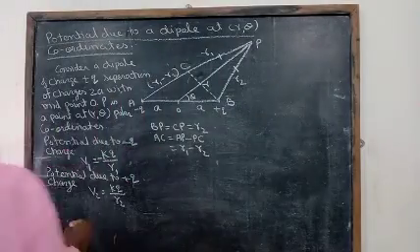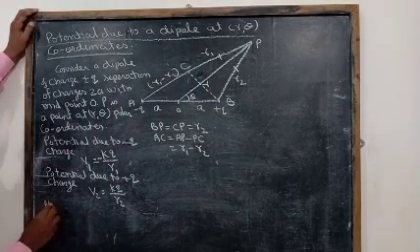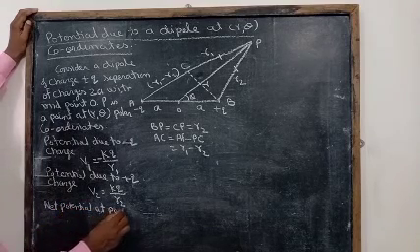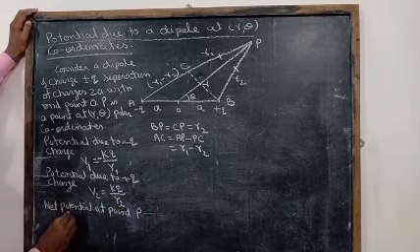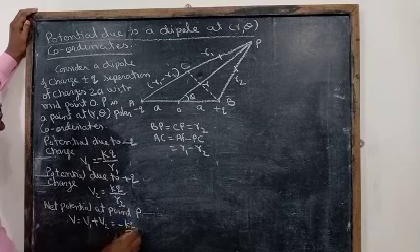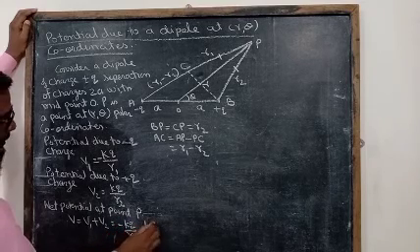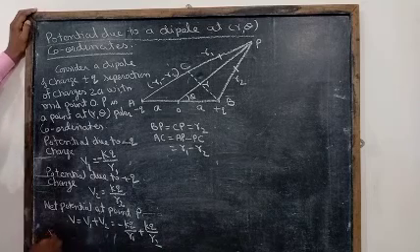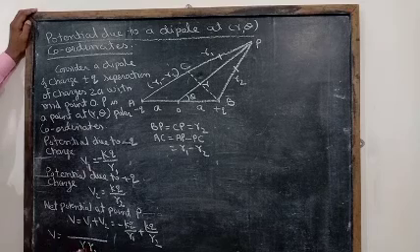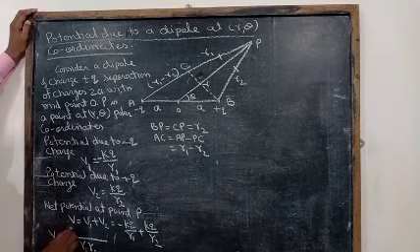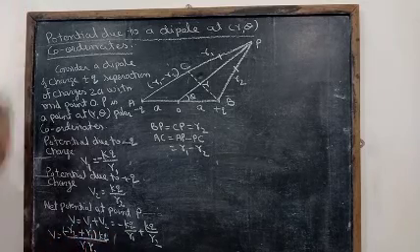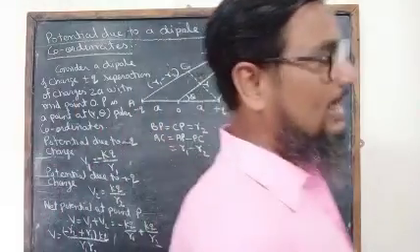Now, the net potential at point P, V is equal to V1 plus V2, minus kq upon R1 plus kq upon R2. Now we take an LCM R1 R2: minus R2 plus R1 into kq. kq can be taken common, R1 R2 LCM.